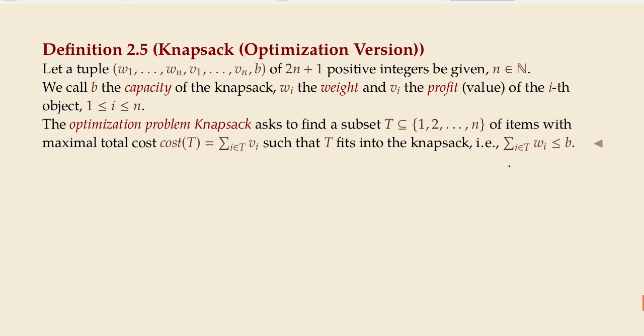So the total cost here, in terms of an optimization problem, but it's actually a profit, is the sum of these v_i that we pick, but we must obey the constraint of the knapsack. They cannot weigh more than b.